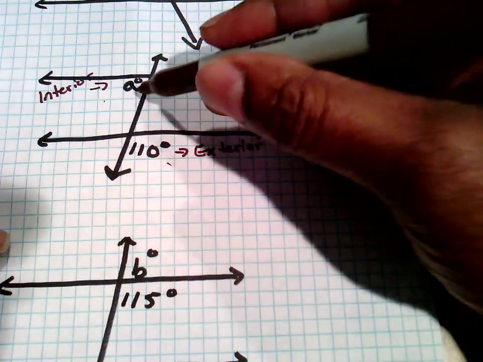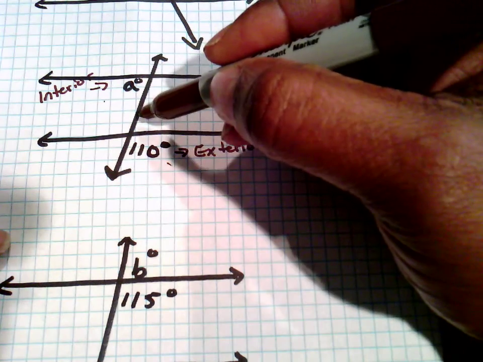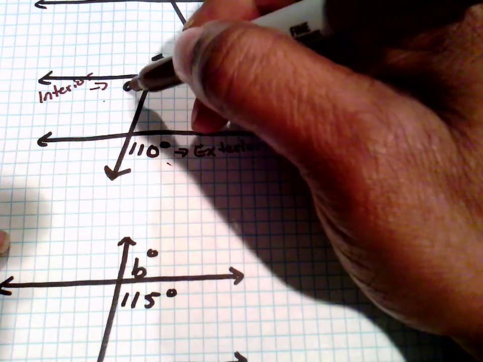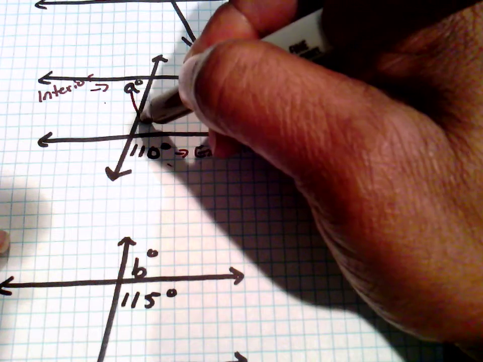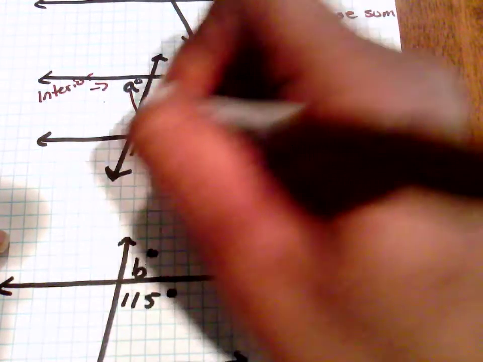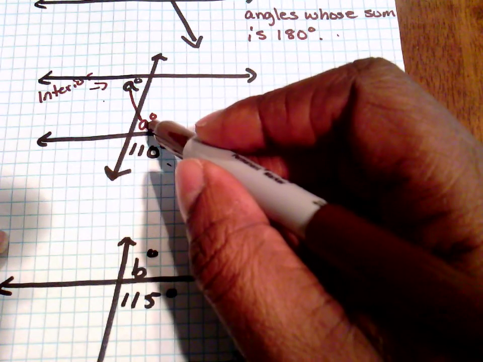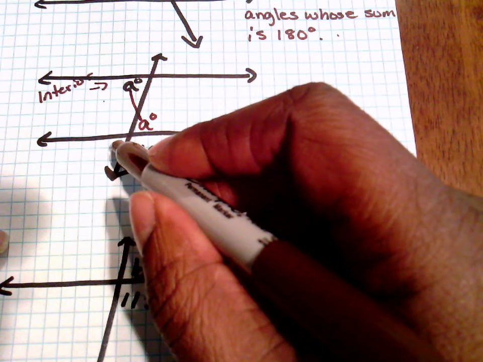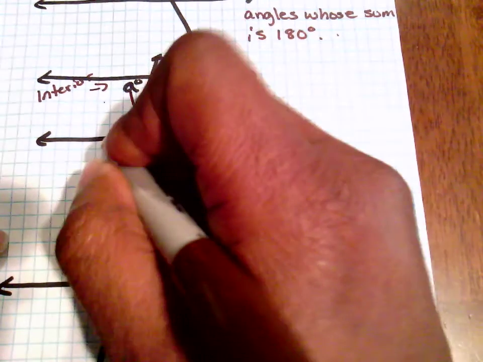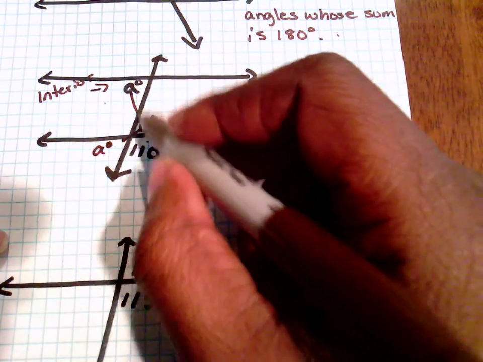So what relationship is this? If we follow some of the relationships that we already know, we take a look at the 80 degree angle. If we alternate it, it will go here, and so this angle here will also be 80 degrees. And this 80 degree angle is also vertical with this angle here. That means all three of these angles are equal.